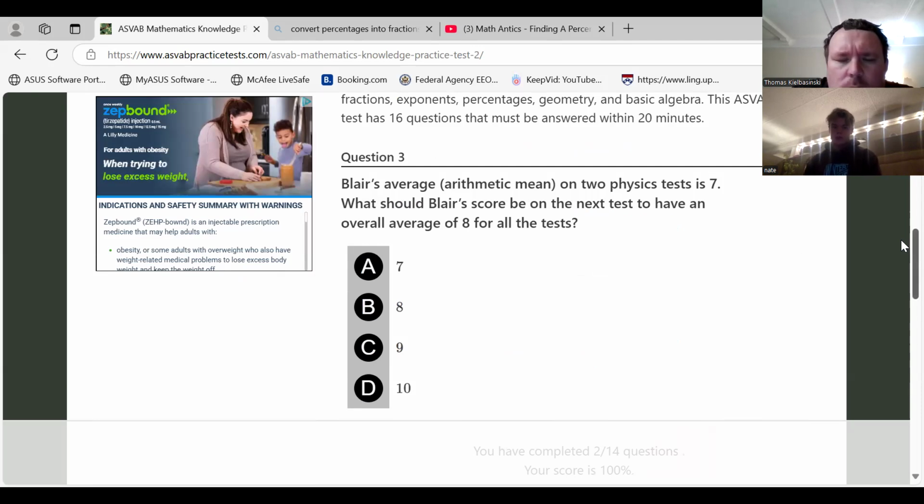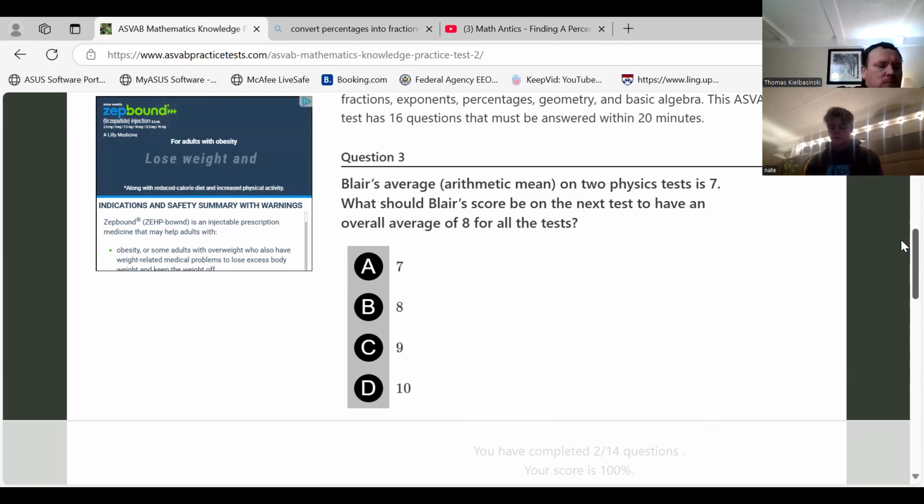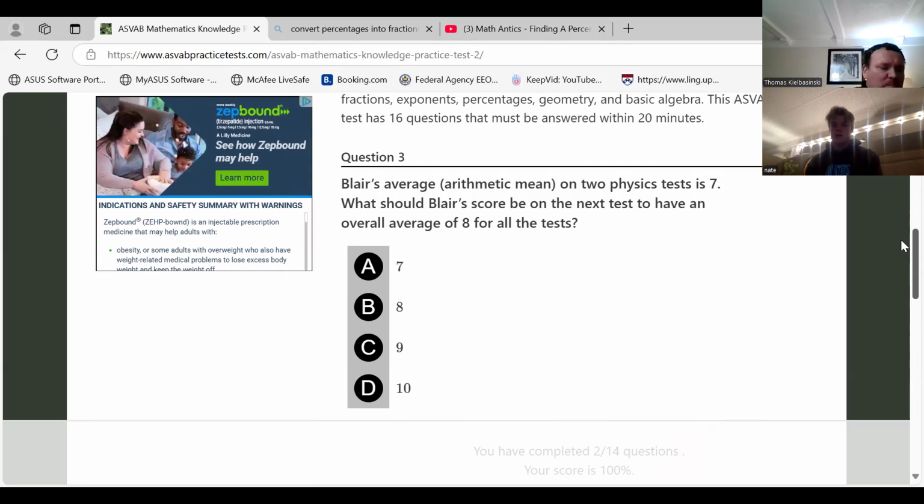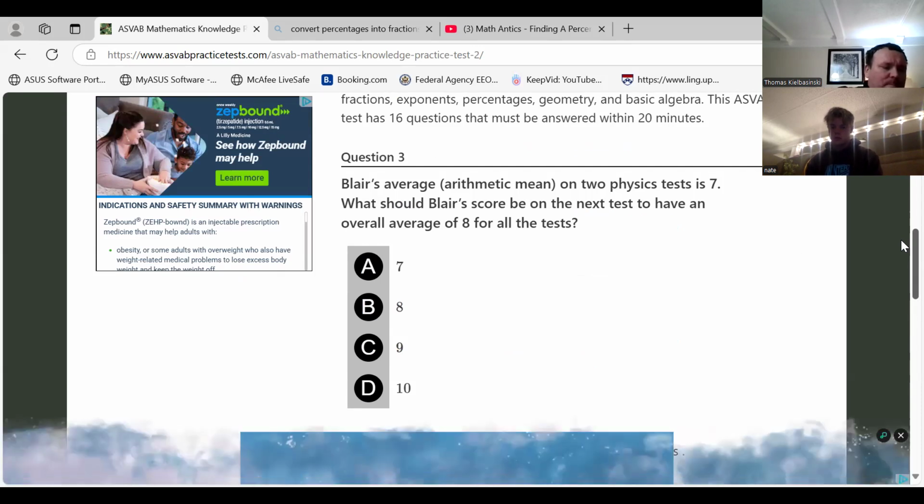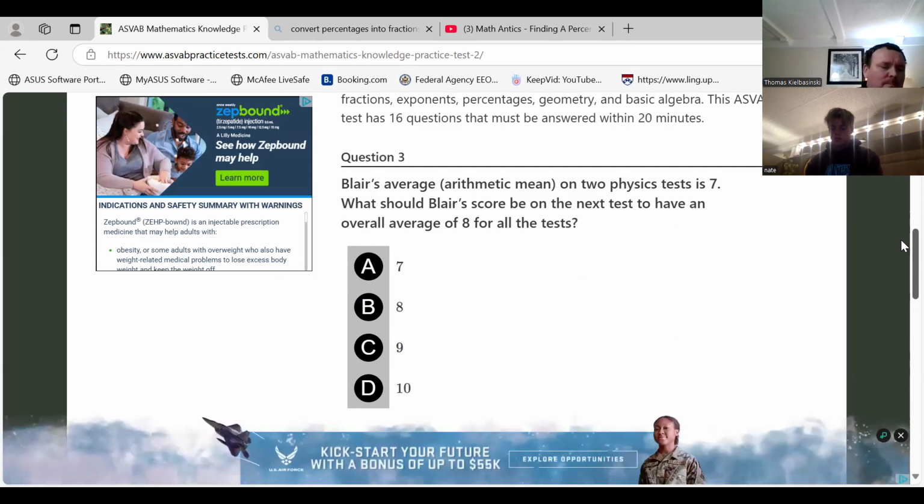Blair's average, arithmetic mean, of 2 tests is 7. What should Blair's score be on the next test to have an overall average of 8? All right, so I know how to solve this.